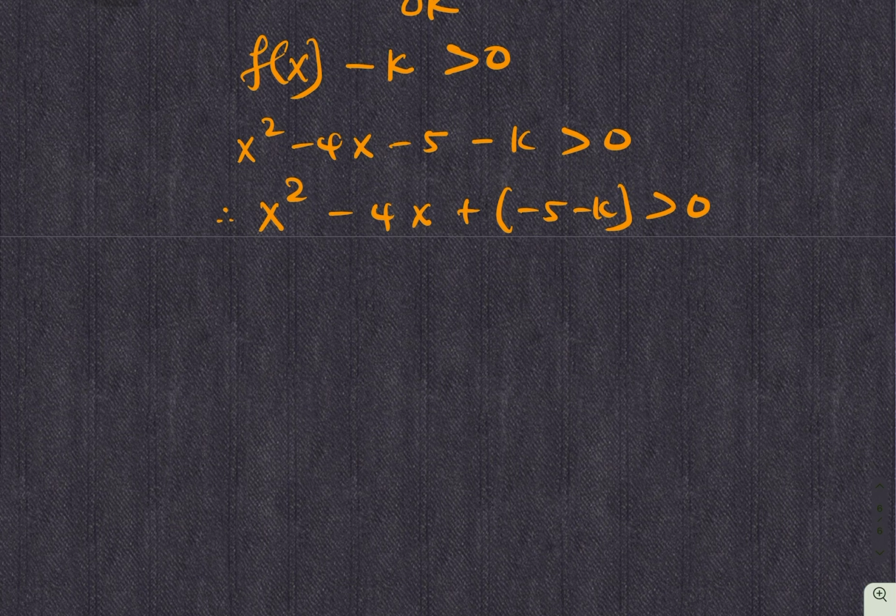The value of it, we're talking about the y value. If we're looking for the x value, if you're looking for the roots, you are going to use b squared minus 4ac. But this time around, we're looking for the value of k for which this value will always be positive.